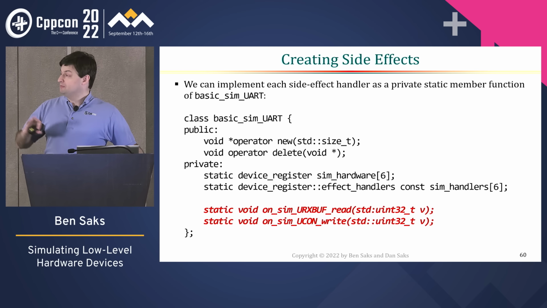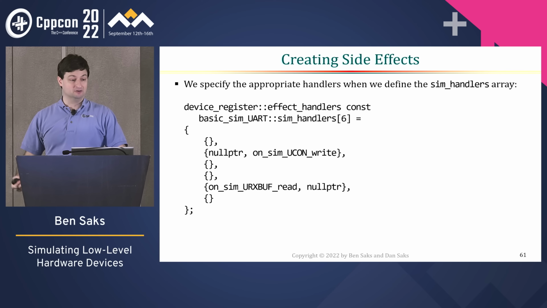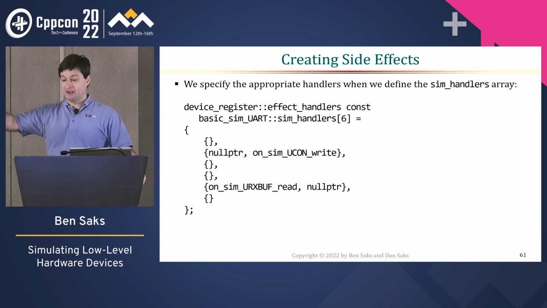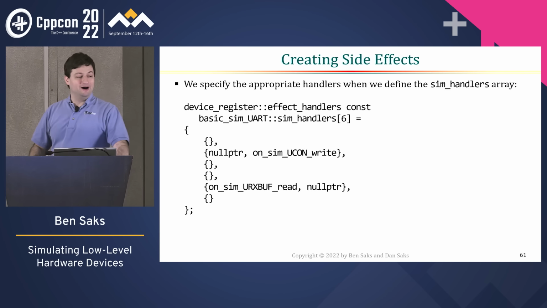And then when we define our sim handlers array in our CPP file, or CppM file if you have modules available, we go ahead and set up the handlers in that array.